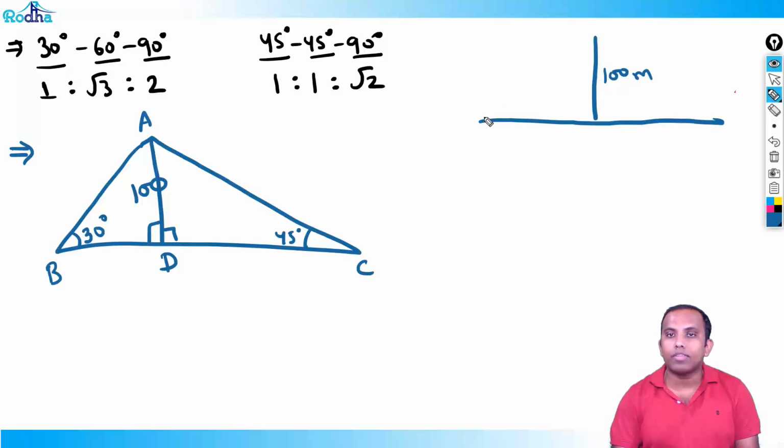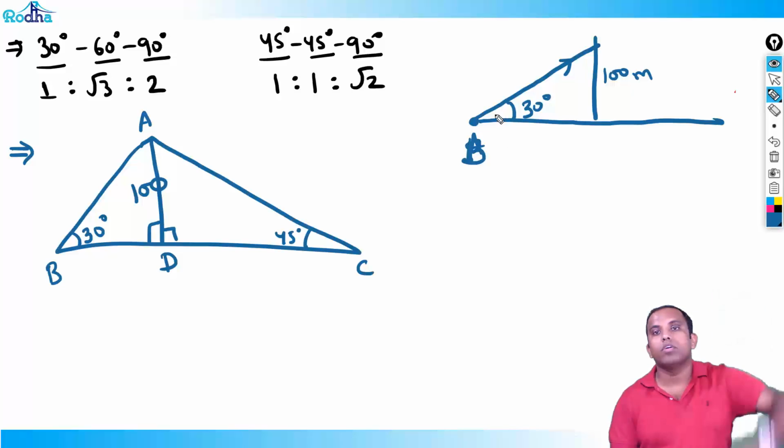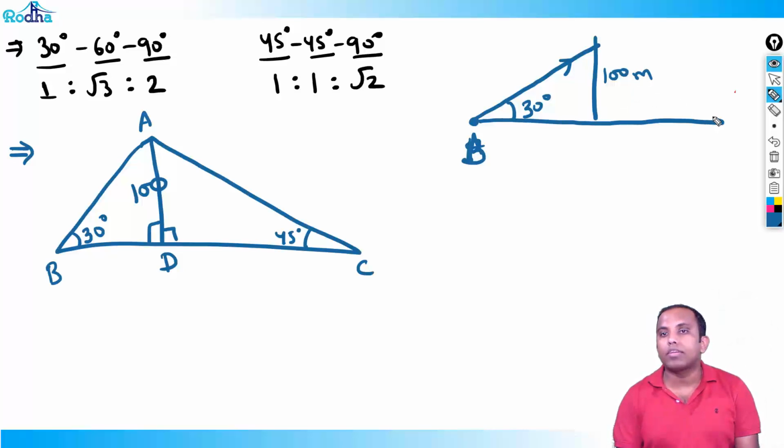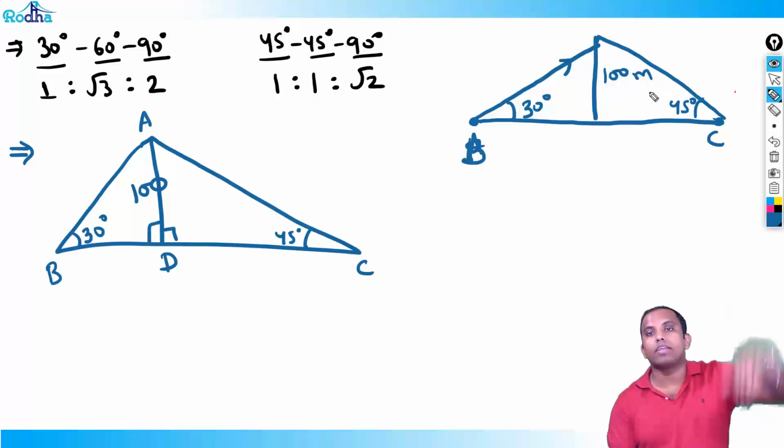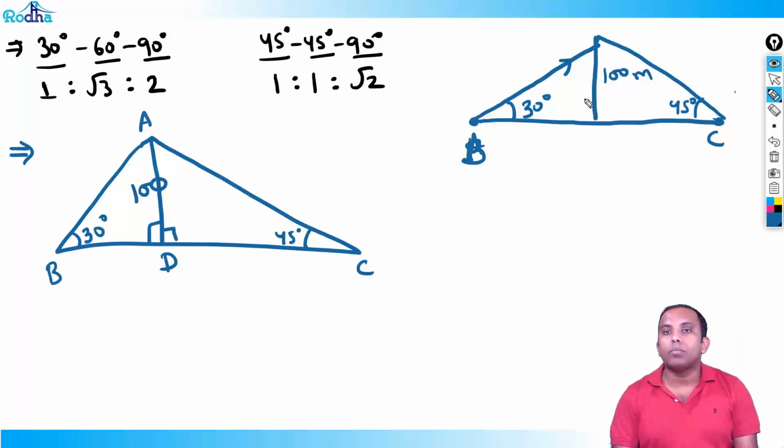If I see it from one side, from point B, the angle of elevation is 30 degree. Angle of elevation means seeing upward. And if I see it from point C, the angle of elevation becomes 45 degree. This is the angle of elevation, seeing up. Notice angle of depression.